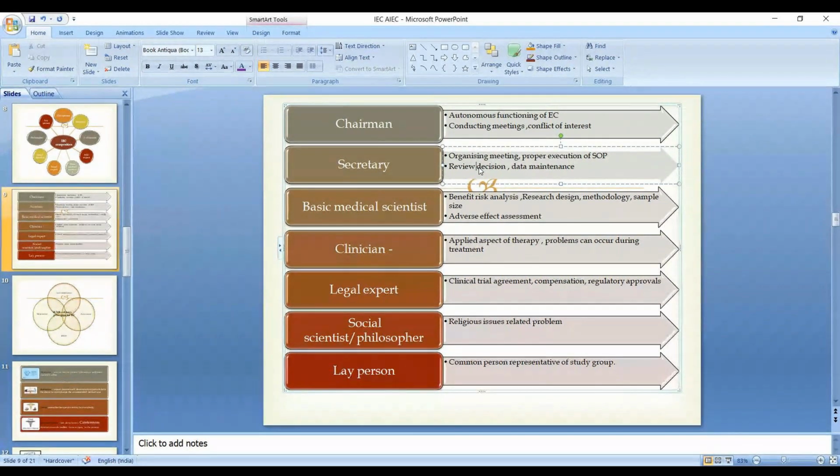After the conduction of the meeting, the approval should be given, and certain minor corrections if suggested, they should be reviewed by the secretary, and the data maintenance of all that should be done by the secretary.